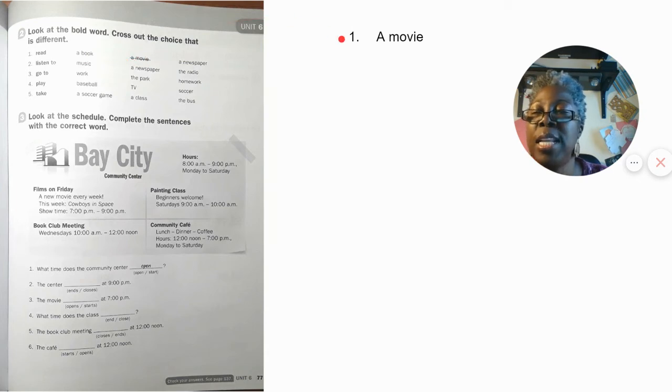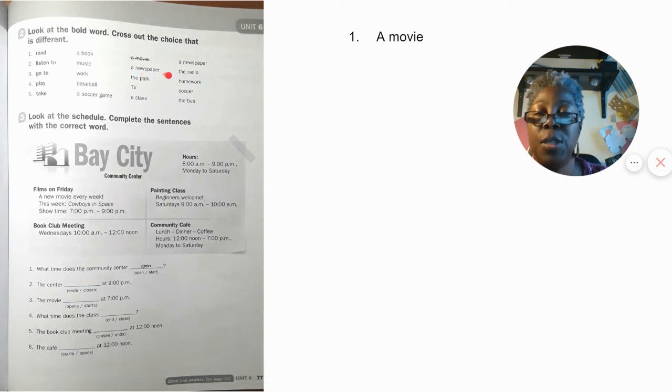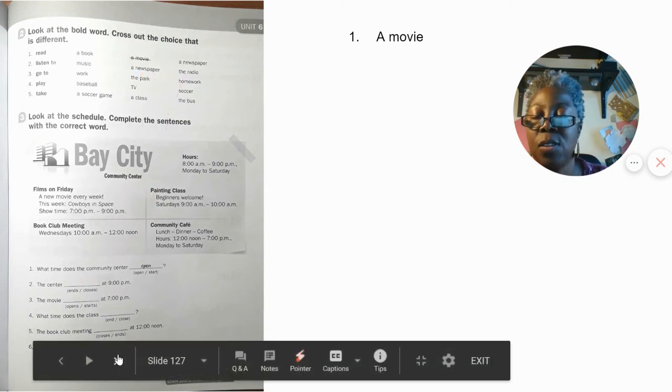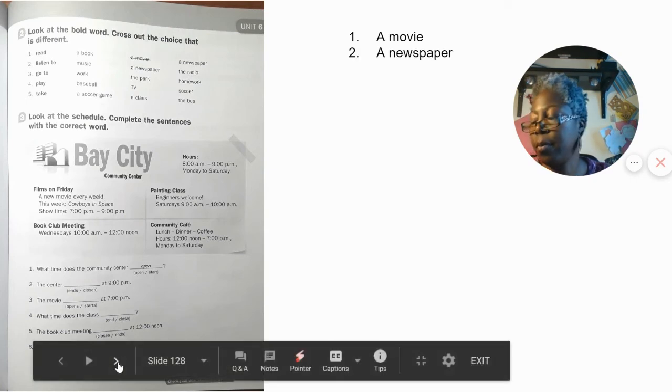So number 1 was already done. Number 2, you listen to music. Do you listen to a newspaper? Do you listen to the radio? So the one that you cross out is going to be a newspaper. Number 3, go to work, go to the park, go to homework.